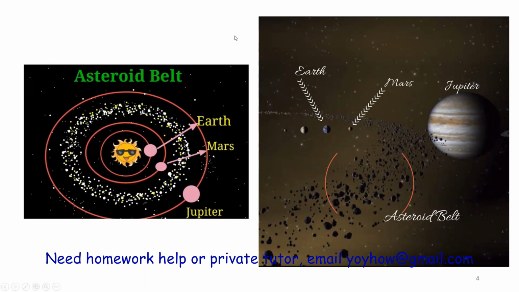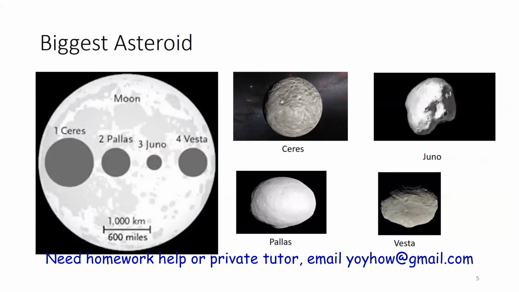Okay, so next we look at the asteroid. We have a few asteroids here, the biggest asteroids, and you can see how they compare to the moon. So this is your moon.